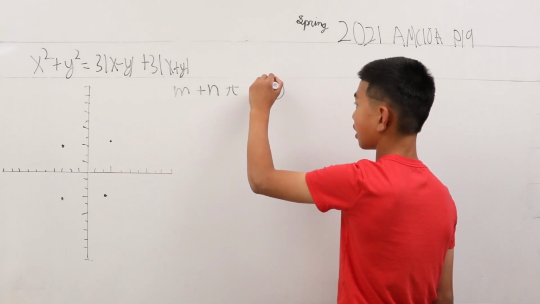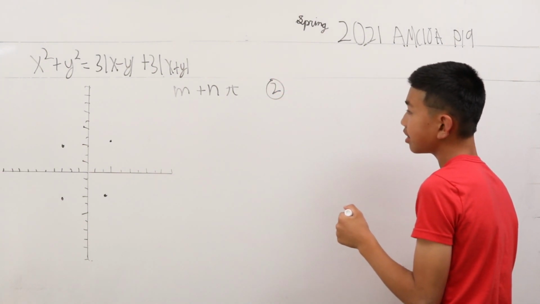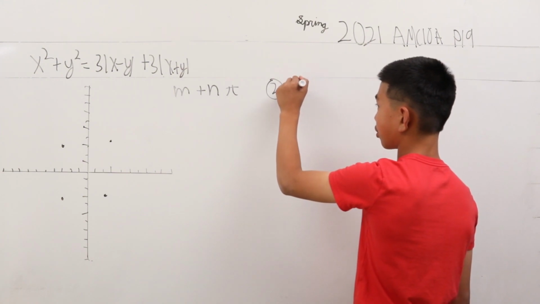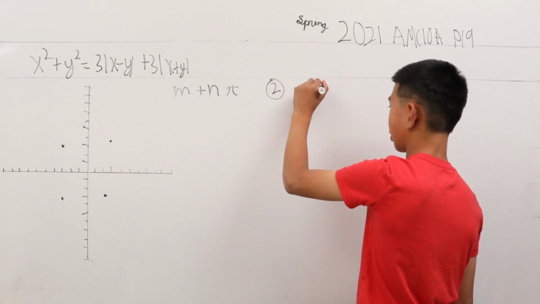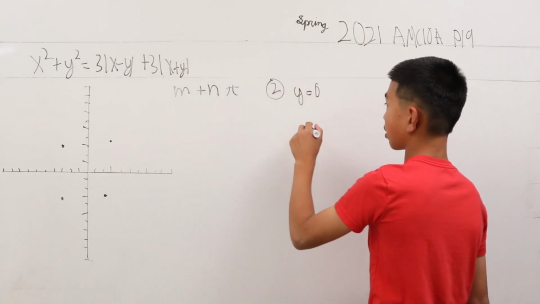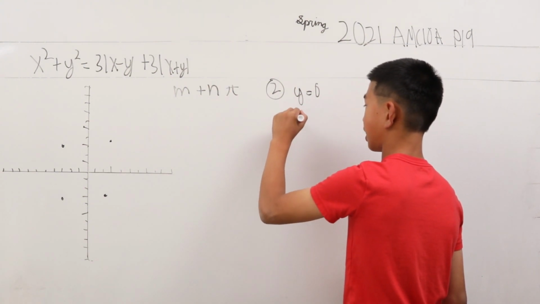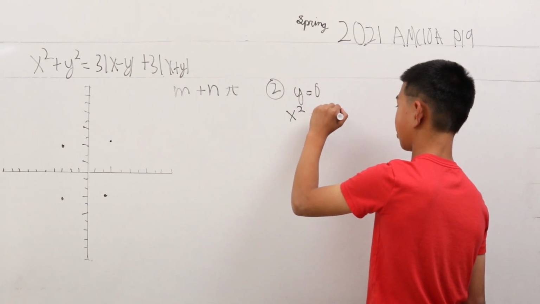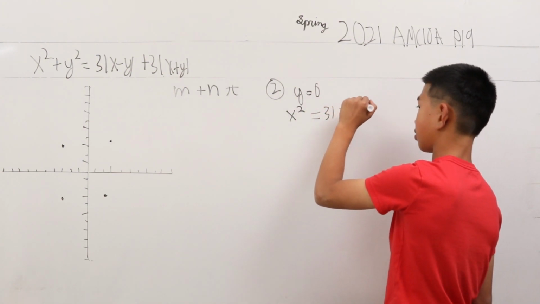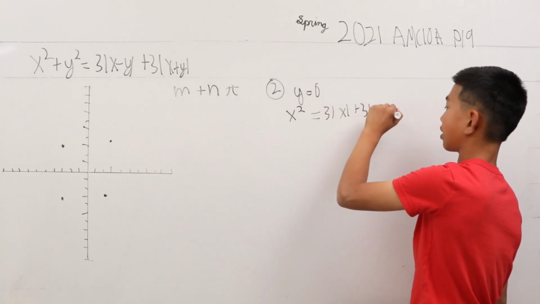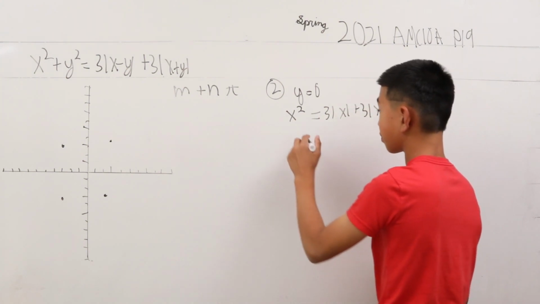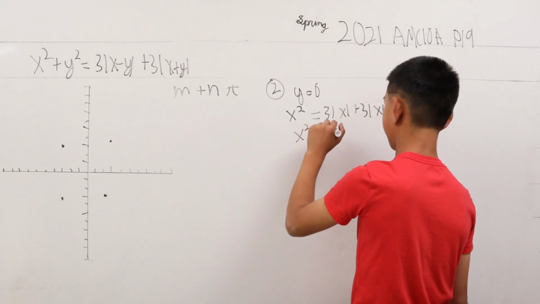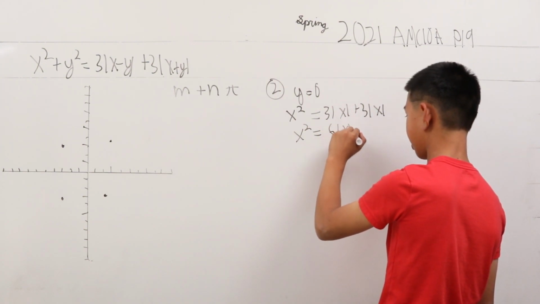Our second case is finding the intercepts. So let's just say y is equal to 0. When y is equal to 0, this equation just becomes x squared equal to 3 times the absolute value of x plus 3 times the absolute value of x again. So x squared is equal to 6 times the absolute value of x.